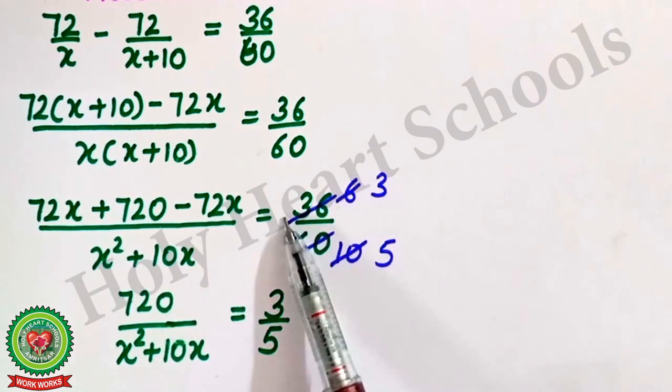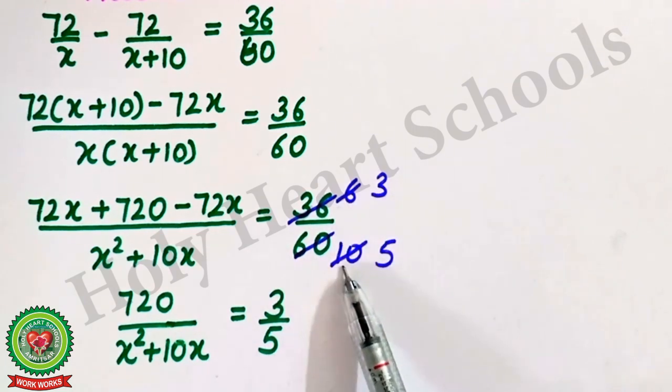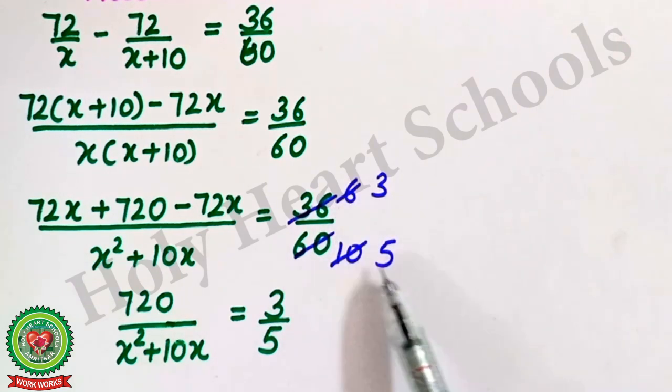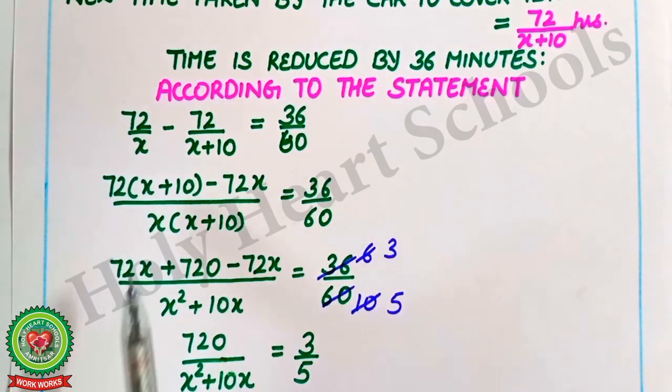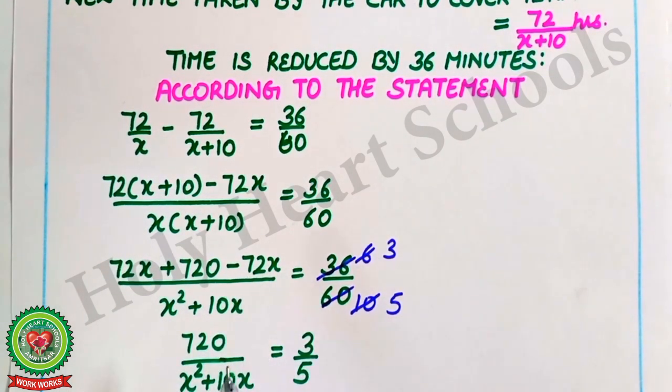Now cutting in the table of 6, 6 and 10 will come. Then in the table of 2, 2 3s are 6 and 2 5s are 10. Now 72x and 72x cancel, and only 720 is left, upon x square plus 10x equals 3 upon 5.